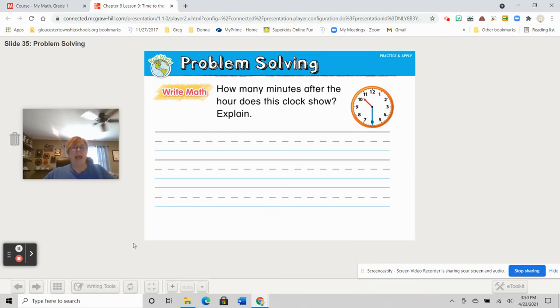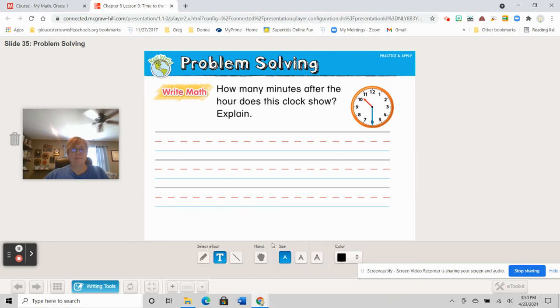How many minutes after the hour does this clock show? Well, let's look. All right. The minute hand is on the 6, so how many minutes is that?